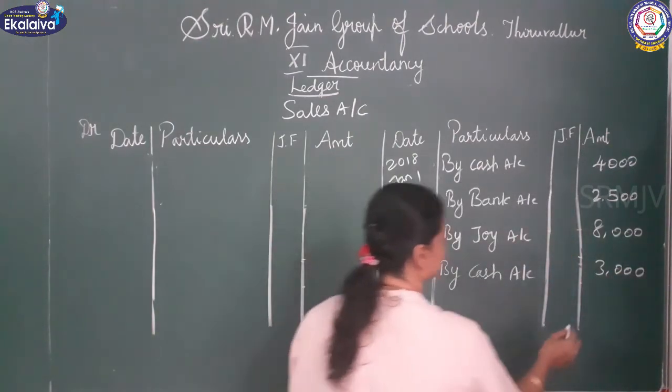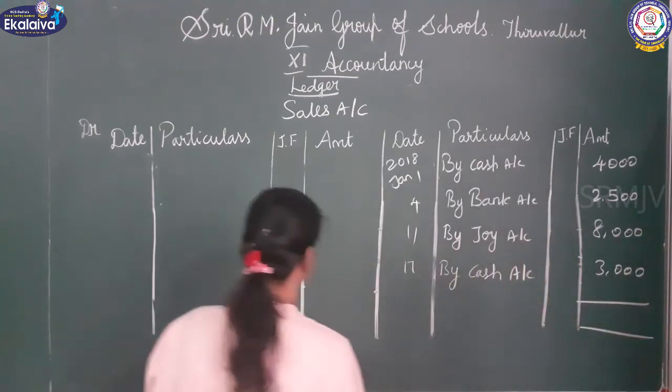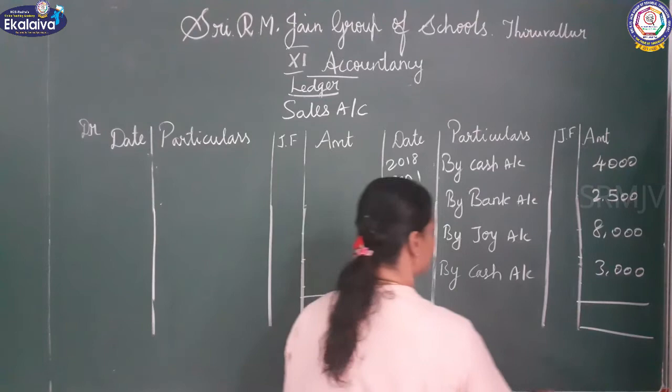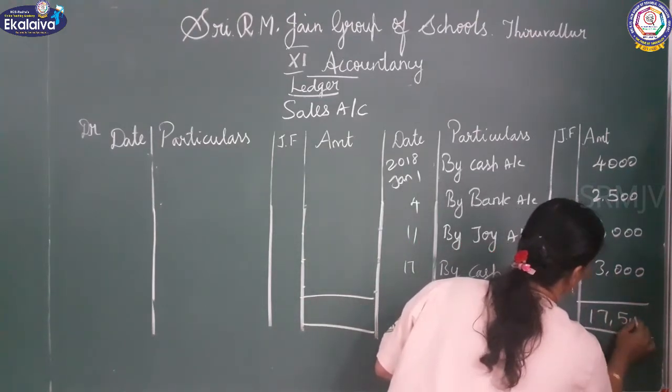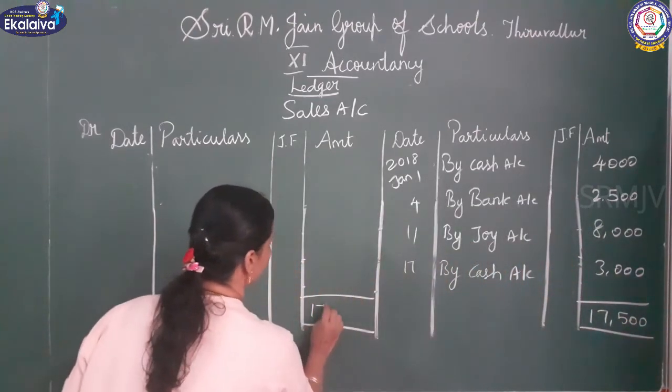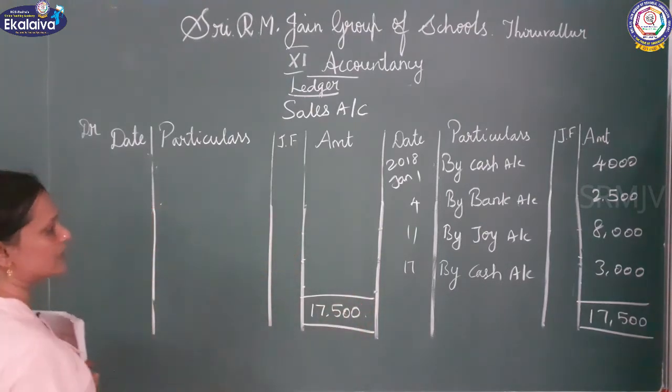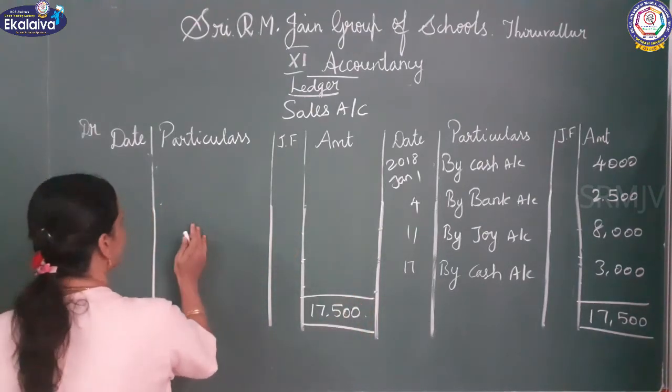So first what we should do? We have to balance the amount. Okay, so here how much it is coming? 17,500. Here also 17,500 we should write, and then which side the amount is very less amount we have to write it here.